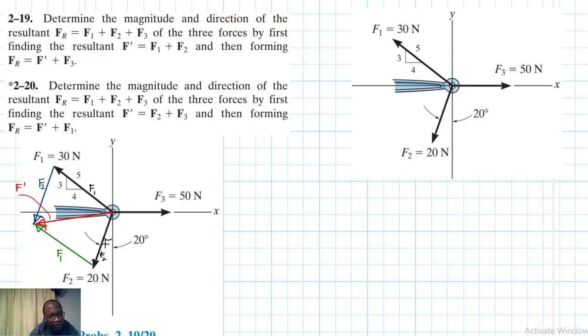This is 20 degrees, of course. And if this is 20, we know that this is just going to be equal to from there to there. It's 90 minus 20, which is equal to 70. So this is 70 degrees.